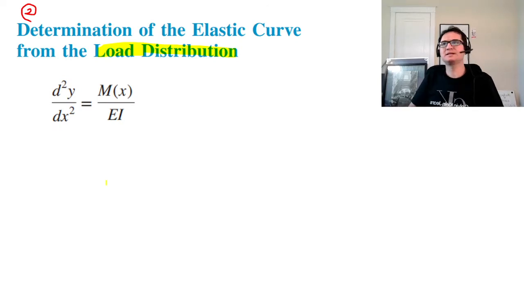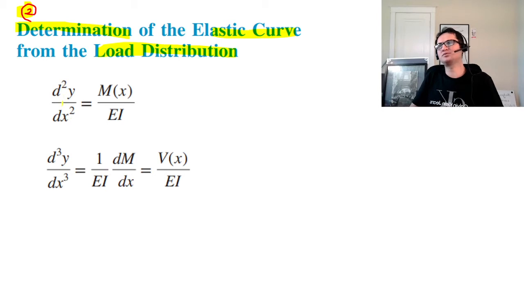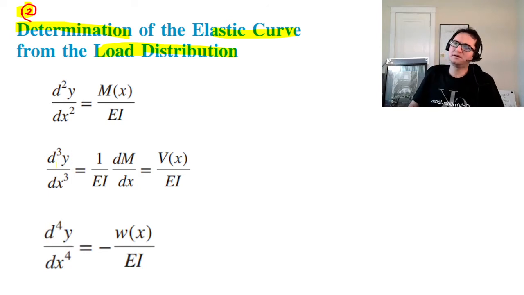The second method is the determination of the elastic curve directly from the load distribution. If we know d²y/dx² is the equation of moment over EI, then the derivative of moment gives us shear, that's d³y/dx³.